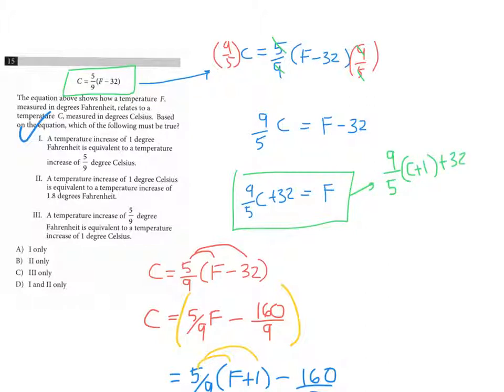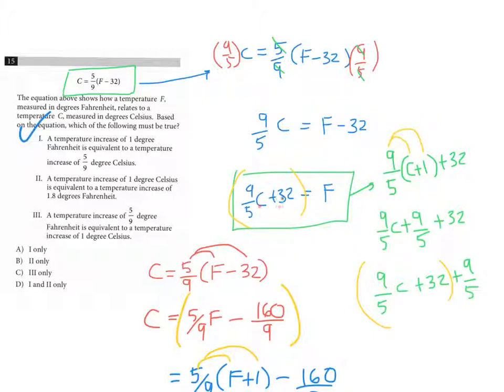Well, we're obviously going to have to distribute there and there, and then you would have 9 over 5 C plus 9/5 plus 32. And basically that is 9 over 5 C plus 32. I'm just going to rearrange the order by which I write these, plus 9 over 5. And then this part right here is the same as the original equation. So 9/5 C plus 32, well, that's this.